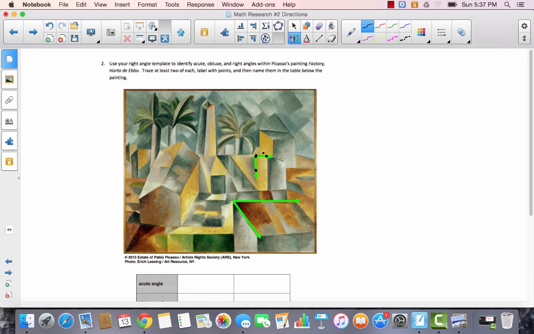I'm going to call this angle A, B, C, and I'm going to put 3 points on this angle, and I'm going to call this one D, E, F. And I'm going to go ahead and label them down here. So I've got angle, there's my angle symbol, A, B, C. Now remember, it could also be angle CBA. And I've got angle D, E, and F.